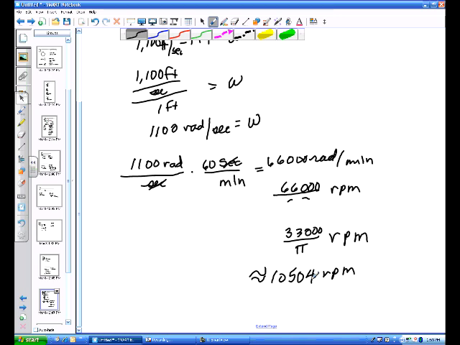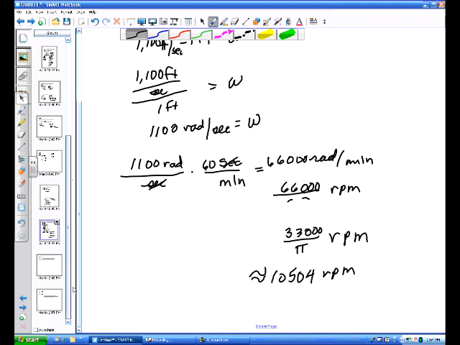All right, we've got a couple more problems that I want to look at. It's just all different types of applications that you can have as you're dealing with linear velocity and angular velocity.